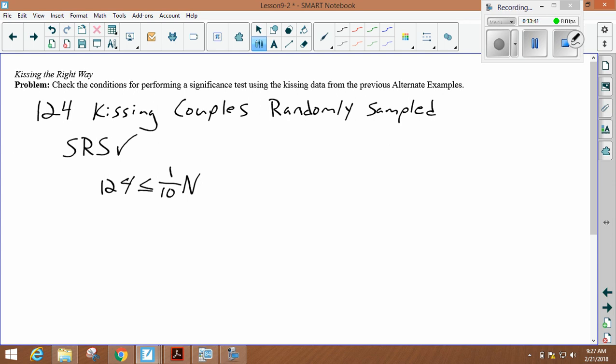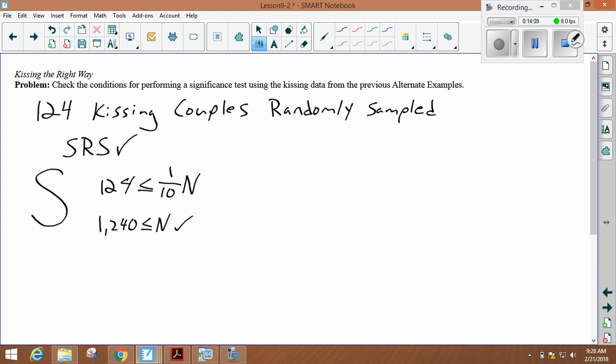Another way to say that is that 1,240 is less than all of our people that kiss, right? And yeah, that checks out. So this is the S part of our SIN all taken care of, right?